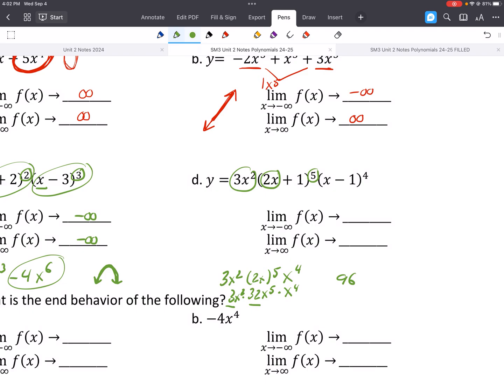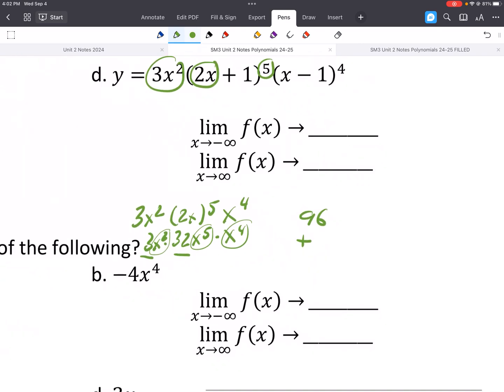So just looking at it, realizing that when you multiply those, you're going to get a positive, that's what really matters. And then with the variables, it's important to know what the degree is. So 2 plus 5 plus 2. So that should give us x to the 11th.